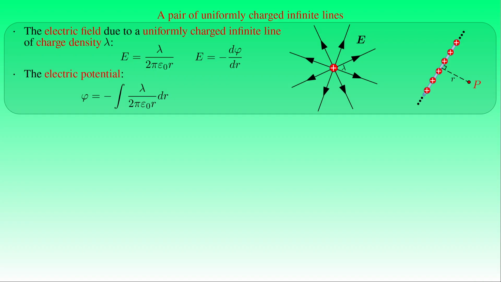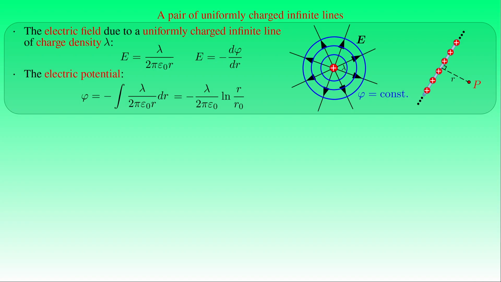This gives a potential of minus lambda over 2 pi times epsilon naught, times the natural logarithm of the distance r over an arbitrary reference distance r naught, the constant of integration chosen as the null point of the potential. The result shows that the equipotential surfaces of the electric field are cylindrical surfaces around the charged lines for given radii r. Evidently, the electric field lines are perpendicular to these surfaces at each point.